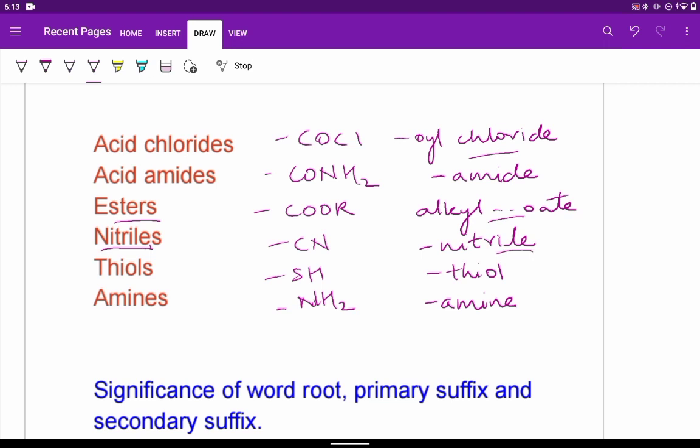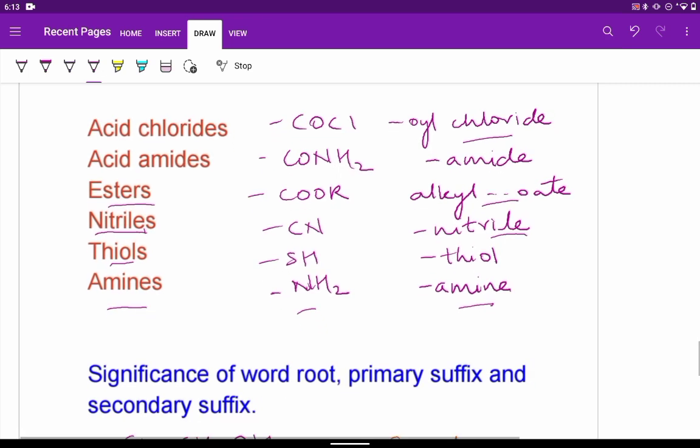In the case of thiols, thiols have a sulfur. Like alcohols have OH, thiols will have a sulfur atom; dash SH is the functional group, and the suffix is thiol. Similarly, amines have dash NH2, and amine is the secondary suffix associated with it.